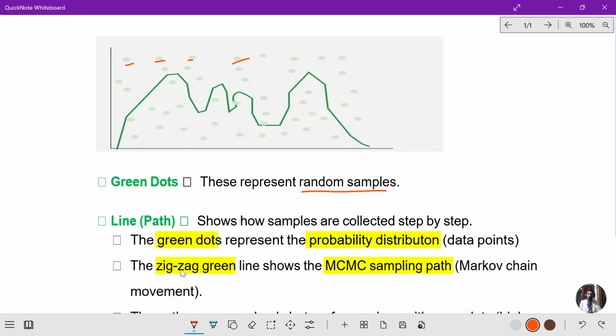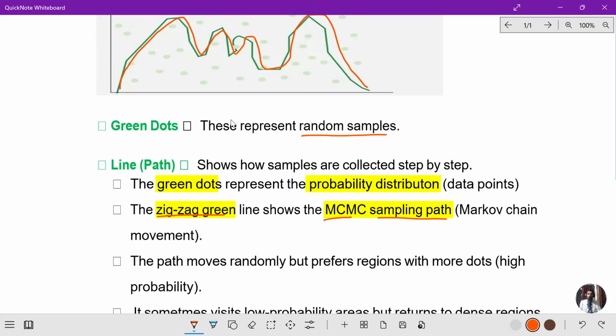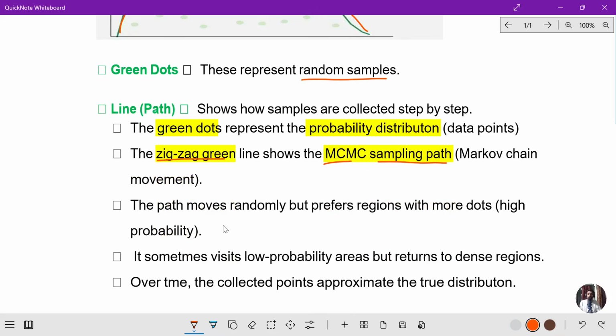The second one is the zigzag green line. This zigzag green line shows the MCMC sampling path. The path moves randomly but prefers regions with more dots, which means high probability.